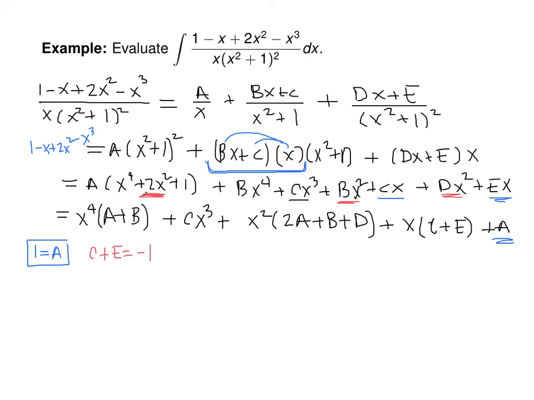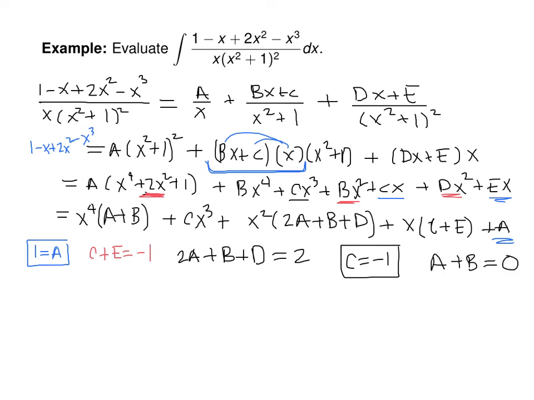And then 2a plus b plus d will have to equal 2. Okay, c will have to equal -1, so we got that. And then a plus b, because there's no x to the fourth, has to equal 0.